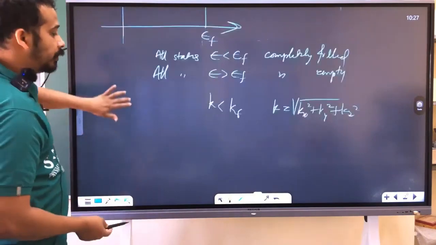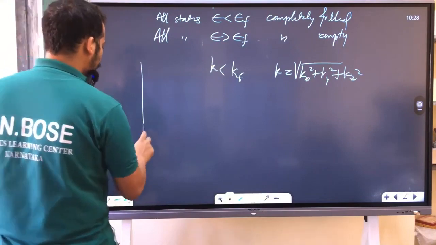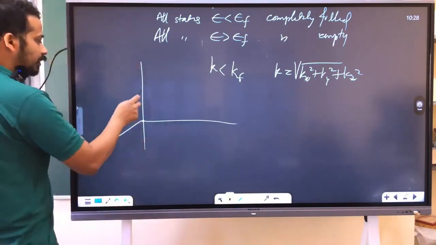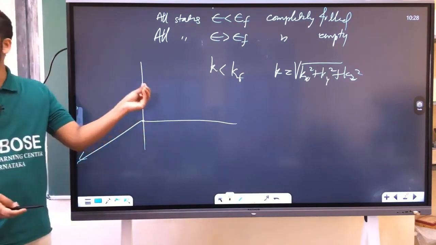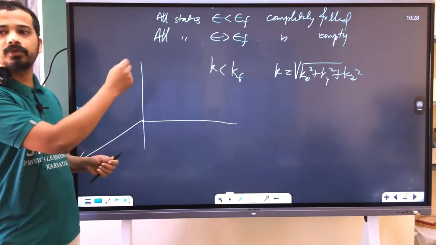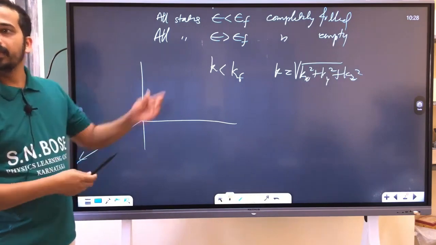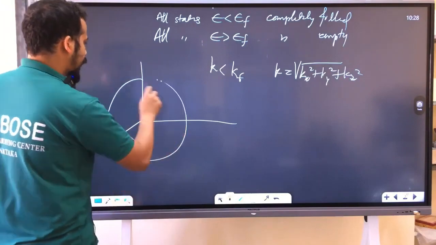Now what will happen at 0 degree Kelvin? If you think of k space, there are states. What do you mean by k space? For particular kx, ky, kz, you have space actually. In condensed matter books, they will start with k space. They put some points and then define density of states.